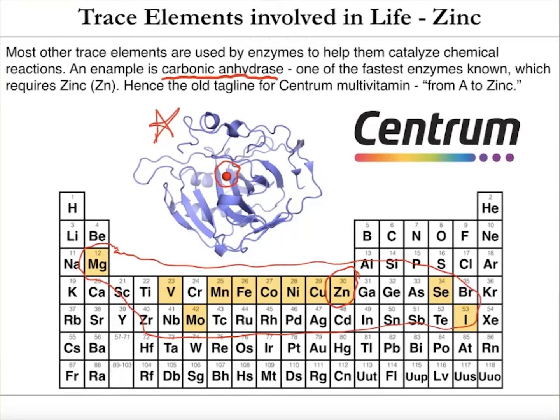You don't need much of it to function, but you do need small amounts of zinc. There was the old tagline from the multivitamin Centrum, they might still use it, where they said it's a multivitamin from A to zinc. That's because you need small amounts of zinc in your body to function properly, including this carbonic anhydrase enzyme.